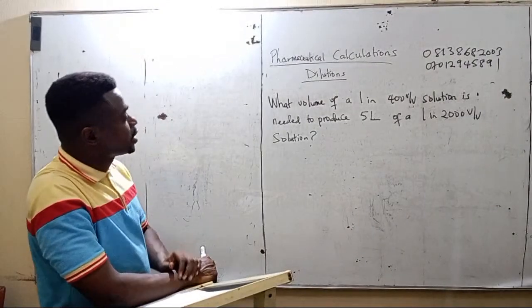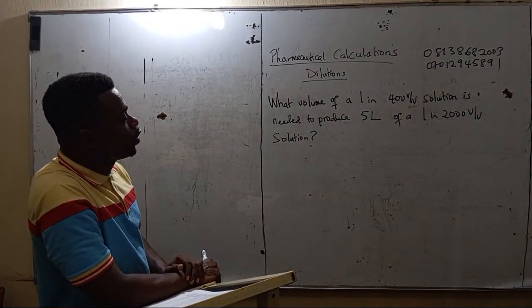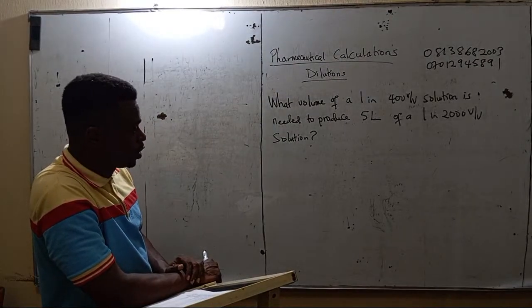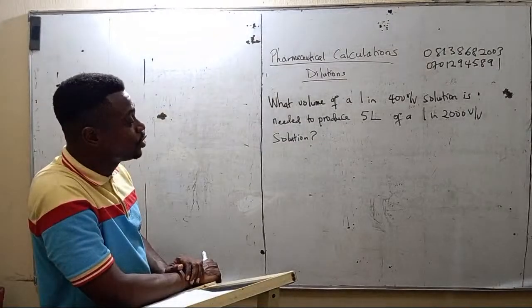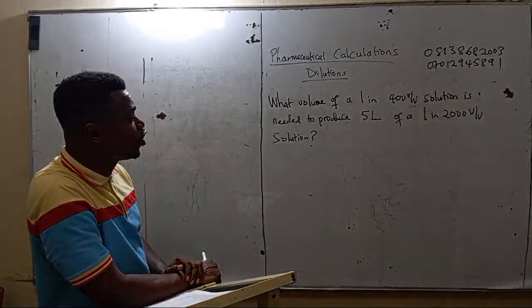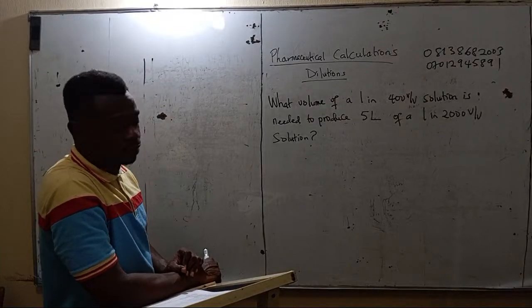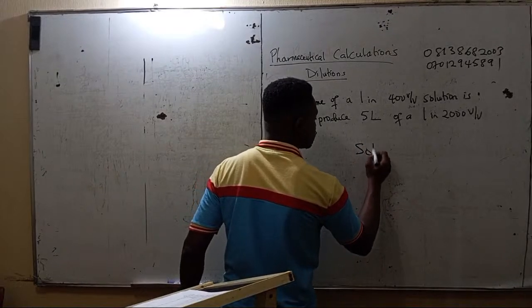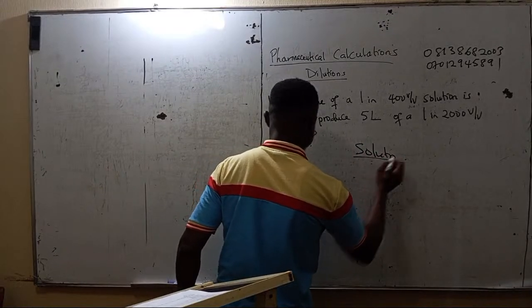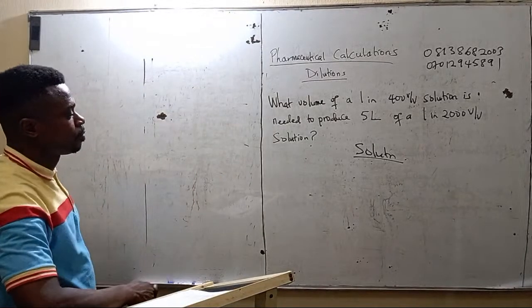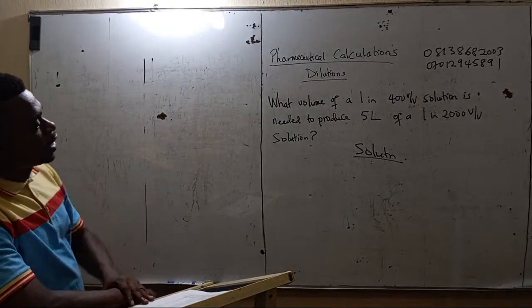The question says, what volume of a 1 in 400 volume in volume solution is needed to produce 5 liter of a 1 in 2000 volume in volume solution?